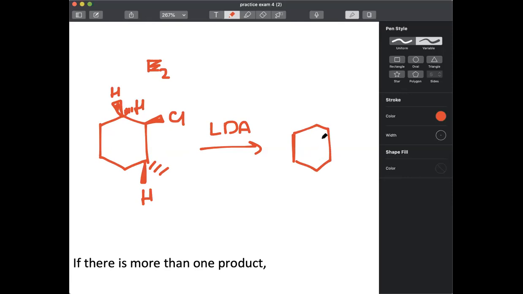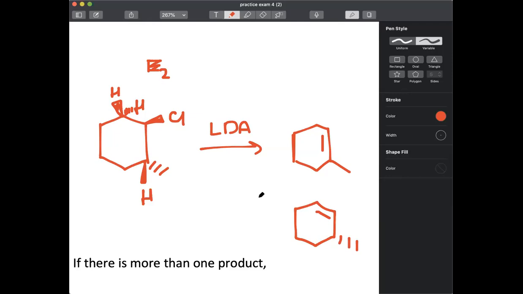So this will be the product if I went after this one, okay? The other product is this one. So say she gives you something like this, and she's like, okay, what is the major product?